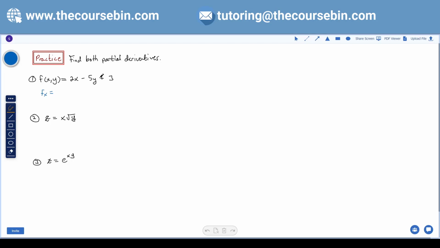So we're treating this 5y as a constant. So that means the 3 would still be, no, the 3 would be gone. Right, the 3 is going to be gone. So it'd be 2 minus 5y.